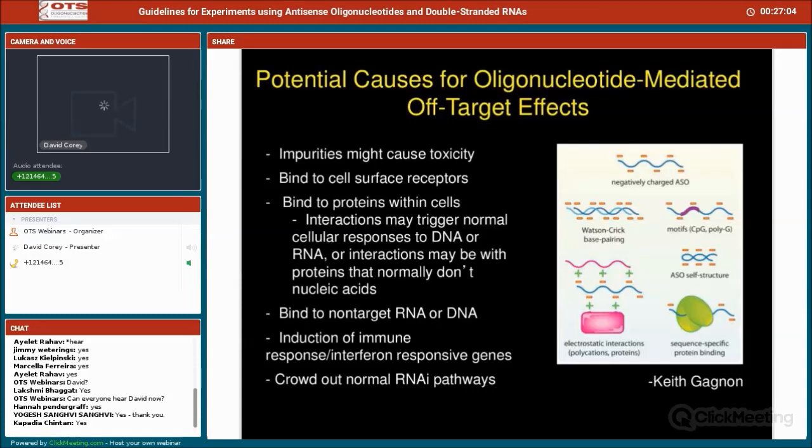Certainly that can be minimized by appropriately searching for non-target sequences, but it's always going to be possible. You can have the induction of immune-responsive or interferon-responsive genes. And finally, there's always the potential when using double-stranded RNA that one might crowd out normal RNAi pathways. Now, I'm not sure that anyone knows how big a danger that is, but it's something to always keep in mind.